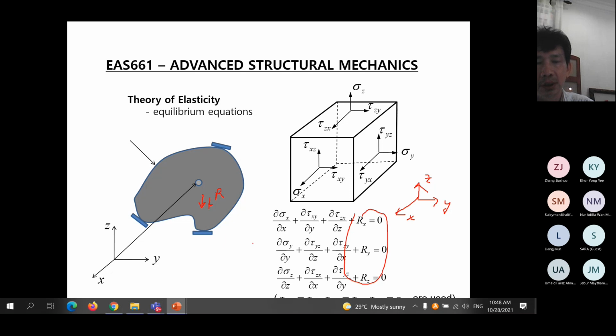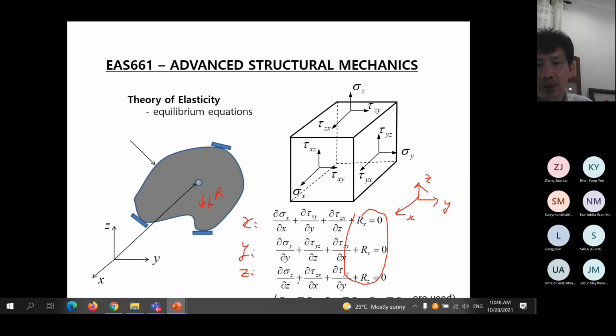And these 3 equations are the equilibrium equations of forces in the X, Y, and Z directions. We derive these by considering equilibrium of forces on this infinitesimal volume in X, Y, and Z directions, and then we get this.